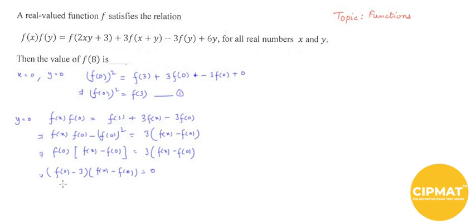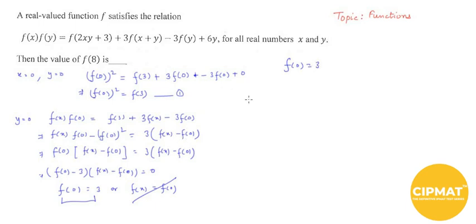So from this I can write that either f(0) equals 3 or we have f(x) equals f(0). Now all values of f(x) cannot be equal to the same value. So we can discard this solution and we will keep only this solution, right? So from here we get f(0) to be equal to 3.